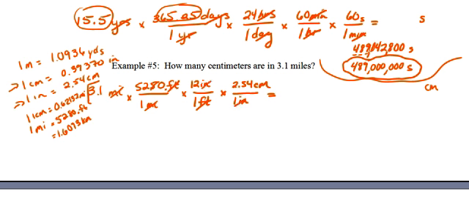You're left with centimeters. You're looking for centimeters, and so you're ready to do the calculation. It is going to be 3.1 times 5,280 feet times 12 times 2.54, and it looks like we're getting 498,886.